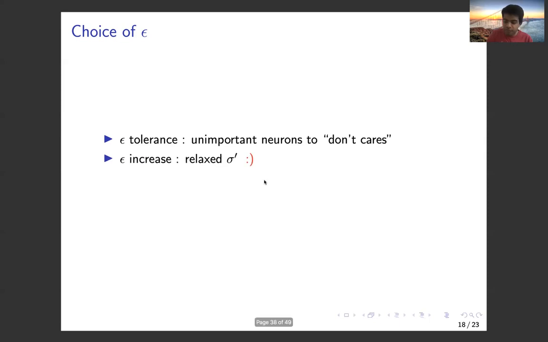If we increase epsilon, we will be able to relax more neurons to don't care, and therefore we have fewer constraints from the activation pattern point of view. Therefore, increasing epsilon seems to be a good thing. But there's a catch. If you increase epsilon too much, then the critical line that we have to add, because we have to move back from interpolant I to property P, becomes more and more stringent, and therefore there exists a natural trade-off in the choice of epsilon.